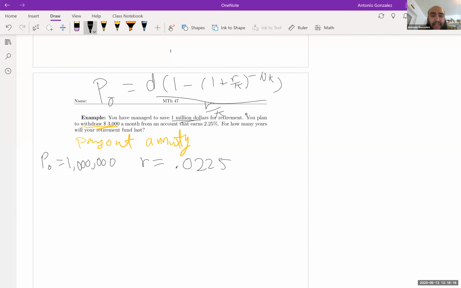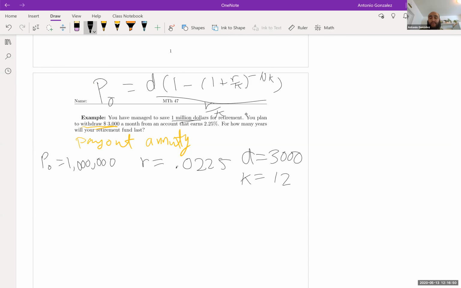D is the monthly withdrawal, in this case 3,000. And for k, we assume the interest compounds at the same interval as the withdrawals, monthly, since we are withdrawing monthly. So we've identified all the pieces of information.